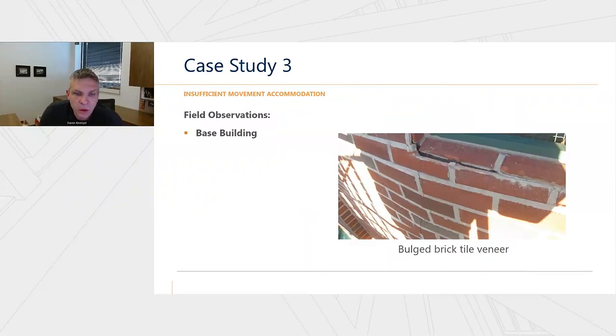So at the base building, some of our observations were bulged brick tile veneer, particularly where there are long horizontal expanses of brick with no movement joints at those locations. And in general, where there were windows or louvers interrupting that long horizontal expanse, there wasn't the same sort of bulging.